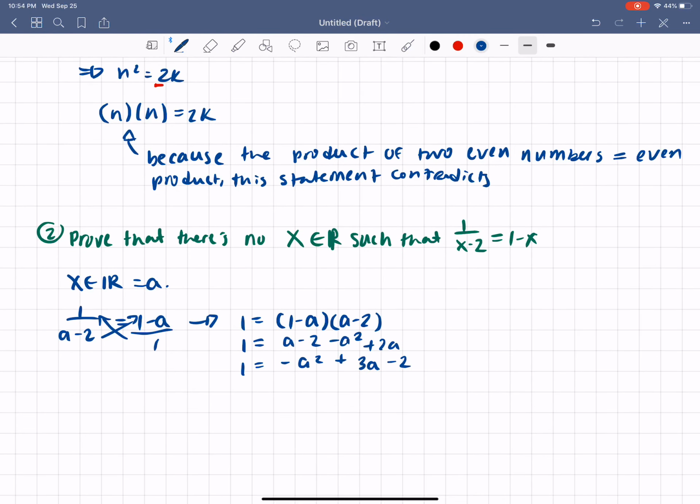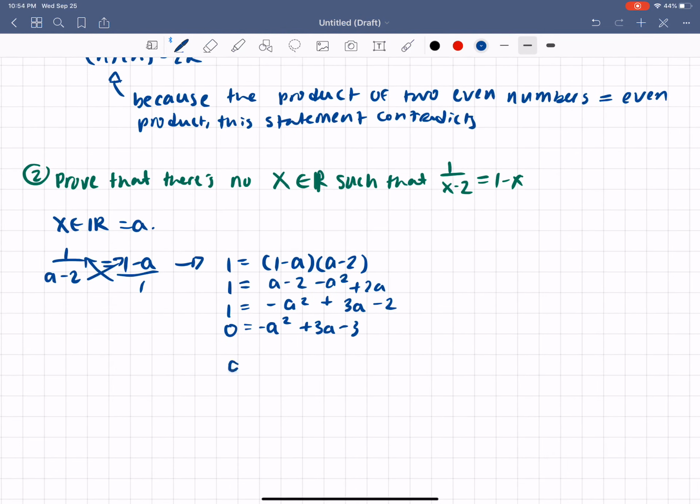If we set this equation equal to 0, we get negative a squared plus 3a minus 3. To evaluate for a, we can use the quadratic equation, where a is equal to negative b, plus or minus the square root of b squared minus 4ac, over 2a. So that would be 3 plus or minus the square root of 9 minus 12, over 2.